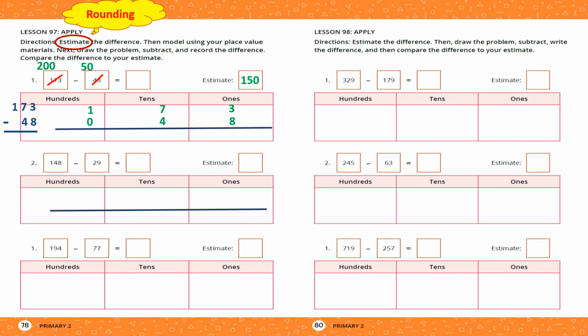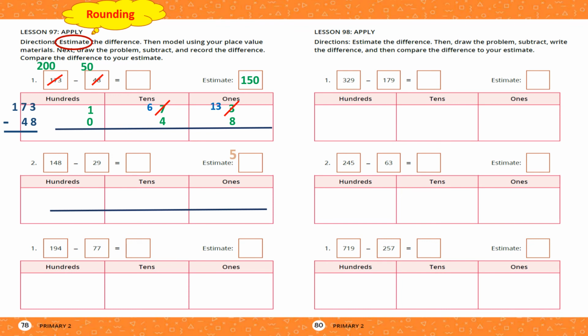Now, 3 minus 8, do we have more on top? No. So we will go to the next door and knock, knock, knock. 7, can you please give me 10? 7 will say, okay. Now 3 becomes 13 and 7 becomes 6. 13 minus 8, great, we have more on top now. Count from small to big. After 8, 9, 10, 11, 12, 13.